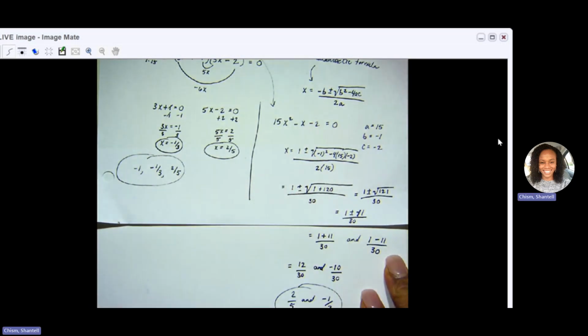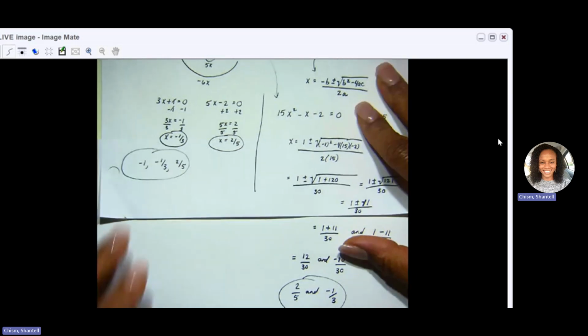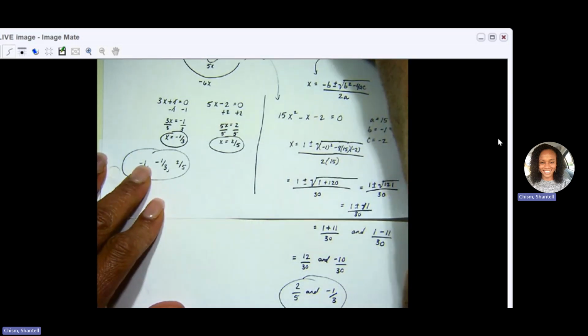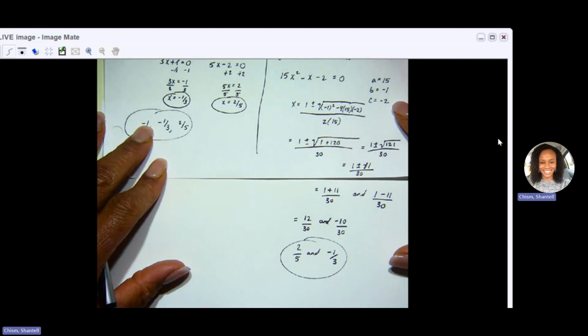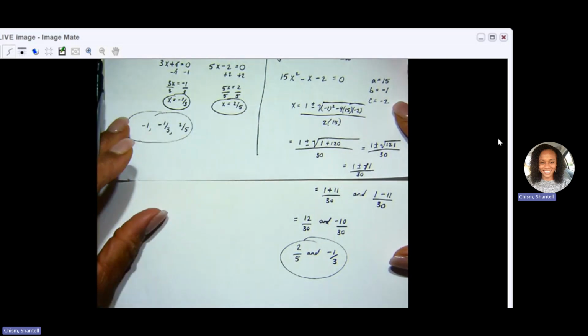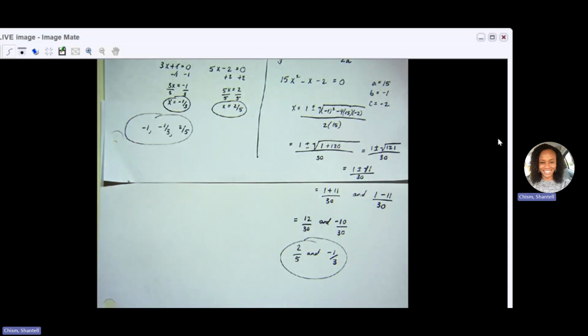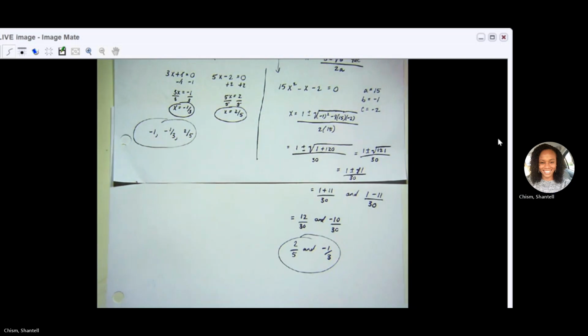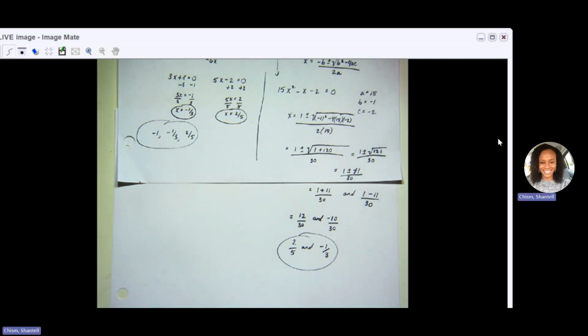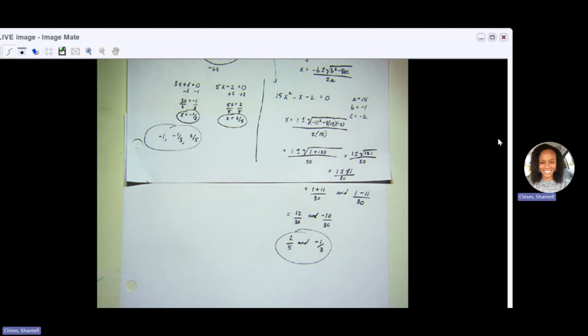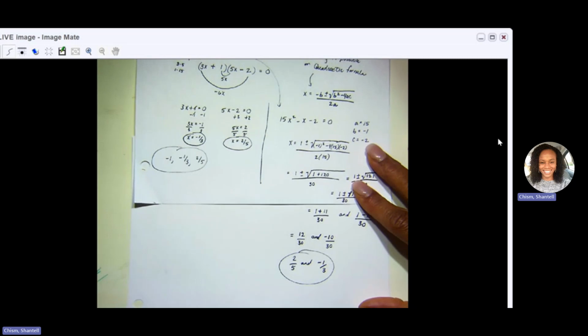So there are your other two solutions, either by factoring, or by using the quadratic formula. I'm going to zoom out just a bit here so that you can see.